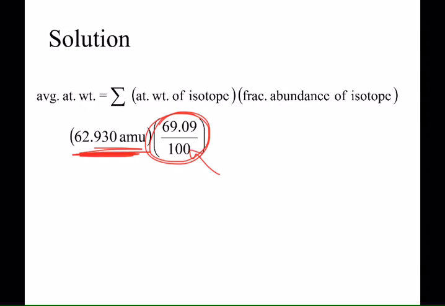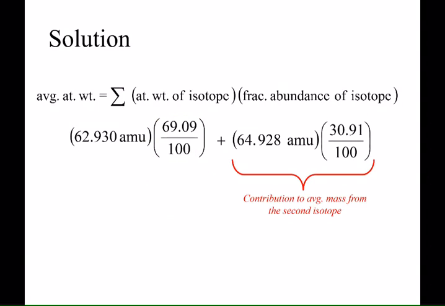So then we're going to add that to information about the second isotope. The second isotope was copper 65. A copper 65 atom weighs 64.928 AMUs, and its percent abundance was 30.91. If we divide that by 100, we have fractional abundance.